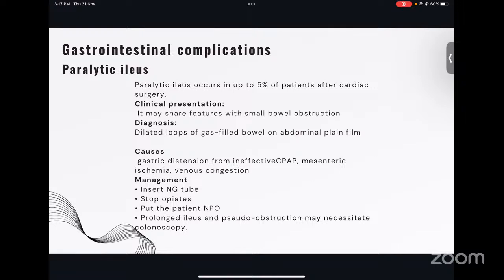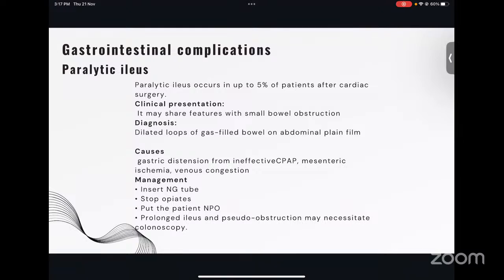Usually the patient is pain-free and passing flatus. The possible causes include gastric distension from ineffective bag and mask ventilation, CABG, mesenteric ischemia, venous congestion, and pseudomembranous colitis. Drugs, especially opioids, and other GI pathology, including peptic ulceration and pancreatitis, may also be causes.